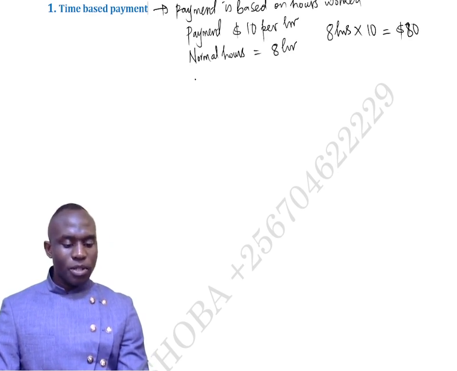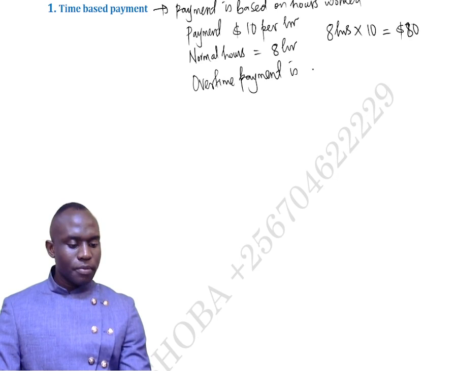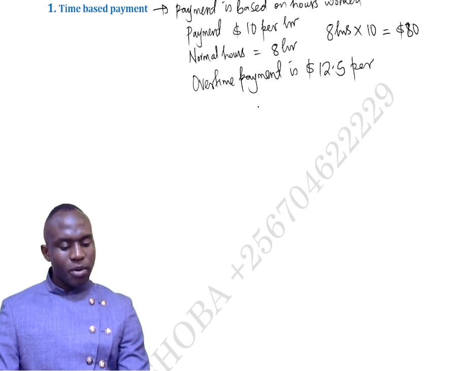So I'm putting it here. Overtime payment is $12.5 per hour.